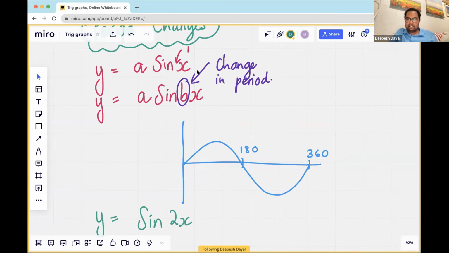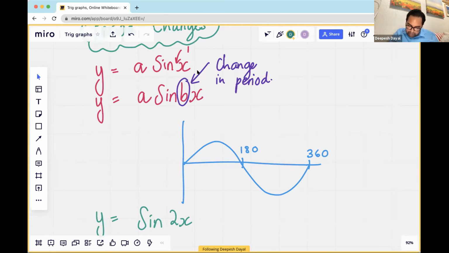So let's mention that again. Instead of fitting one graph into 360 degrees, we can fit two graphs into the 360 degrees, right? Okay, so you can write that down. So the period of the graph actually changes to 180 degrees.